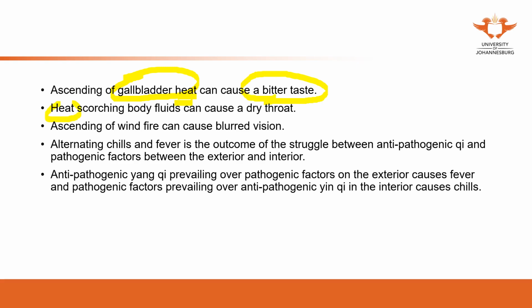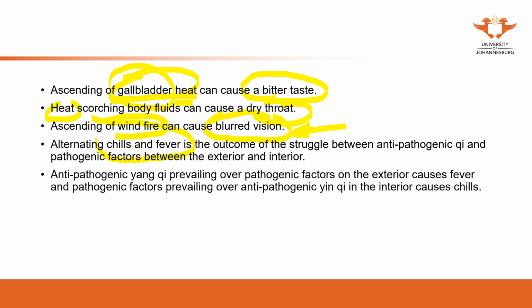The heat causes dry throat. Fire causes the blurred vision. In Zangfu organ differentiation, when we talk about blurred vision, that's the liver. So the gallbladder and the liver are coupled organs.